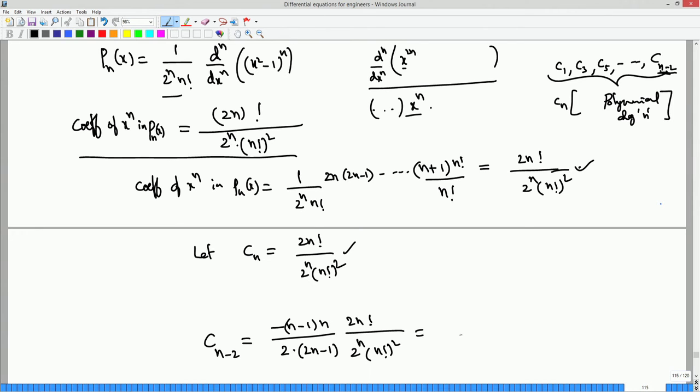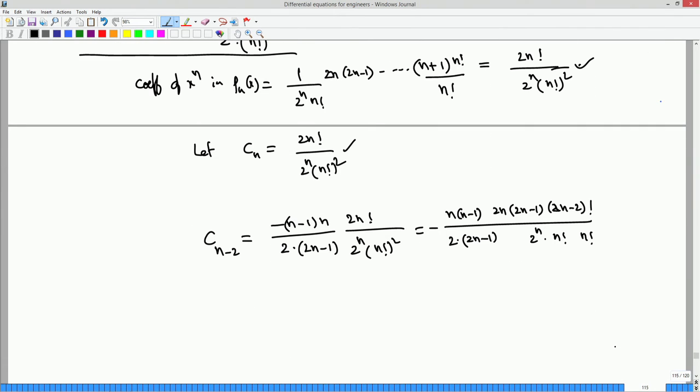So, you see that 2n minus 1 goes. You can rewrite minus n into n minus 1, 2n into 2n minus 1 and 2n minus 2 factorial. And you have 2 into 2n minus 1 into 2n into n factorial into n factorial.